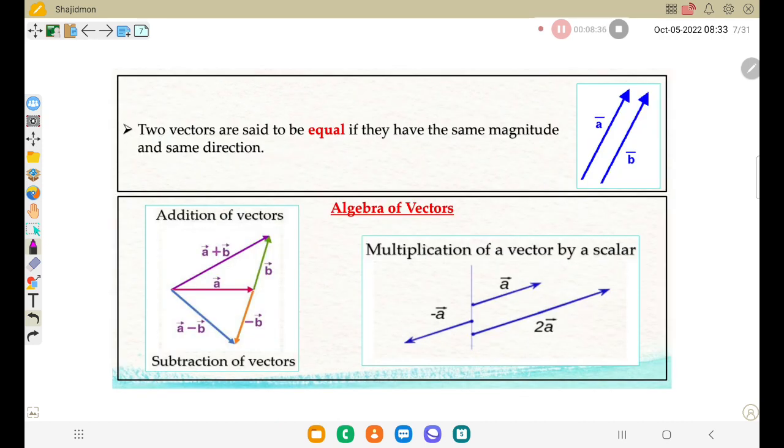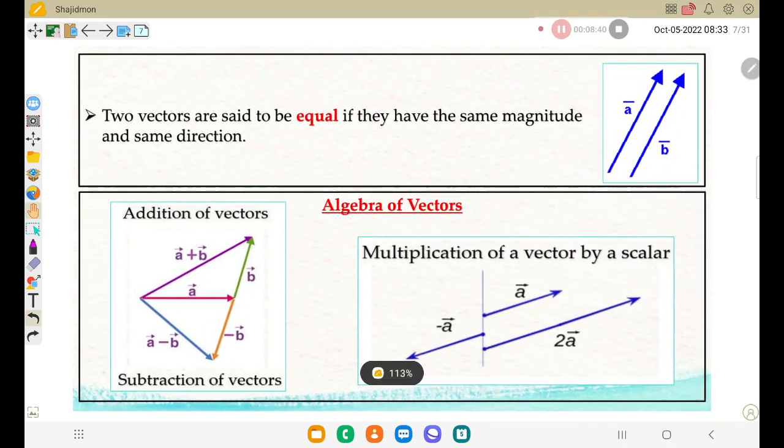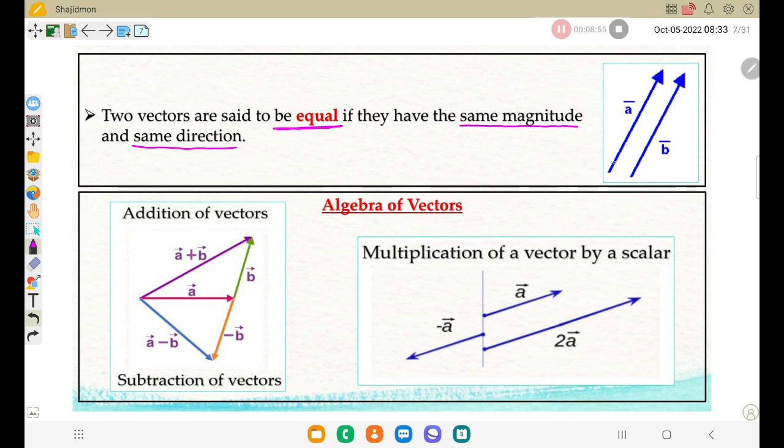Now we will come to the next point. When are two vectors called equal vectors? Two vectors are said to be equal when both vectors have the same magnitude and the same direction. For example, this is the first vector, vector a, with a starting point and an ending point. Now this is the second vector.